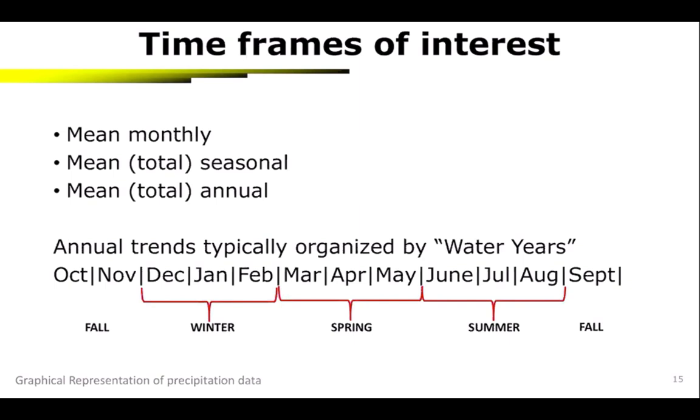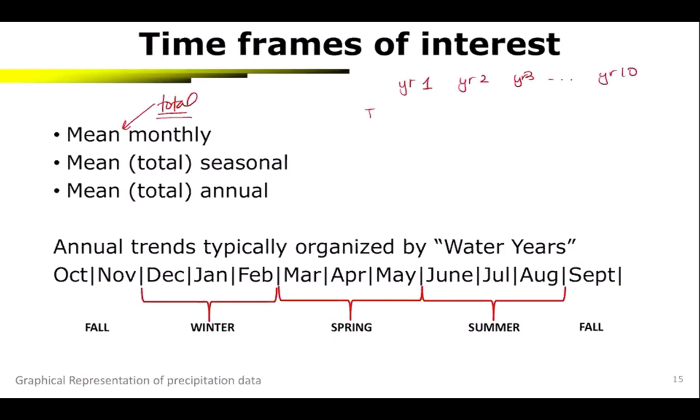I just want to bring it to your attention that we're talking about the total precipitation for that time frame. What you're not going to do is grab all of your January observations. Let's say you have 10 years of observations: year 1, year 2, year 3, and so on to year 10.